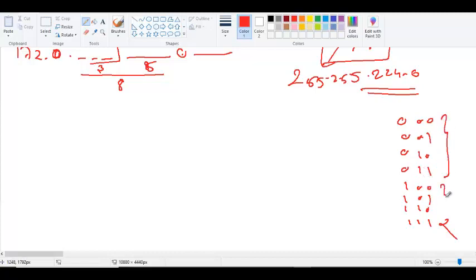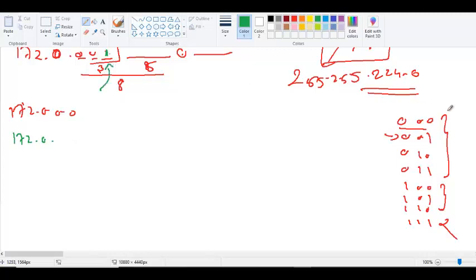When I apply this, then it is 172.0.0.0. When I apply this, it's 172.0. Tell me what is the value of this bit? 32.